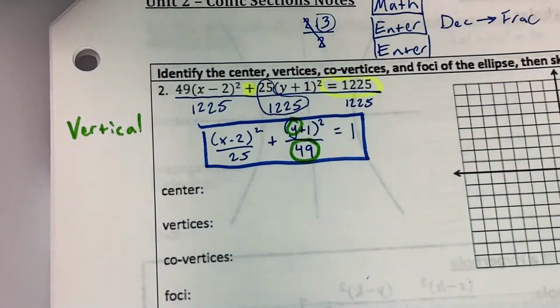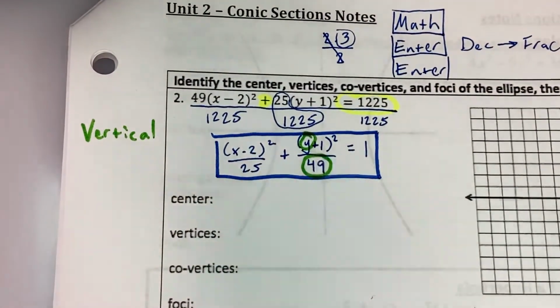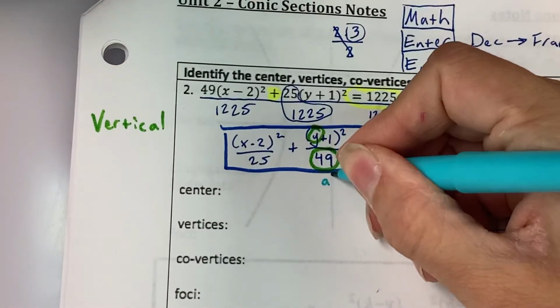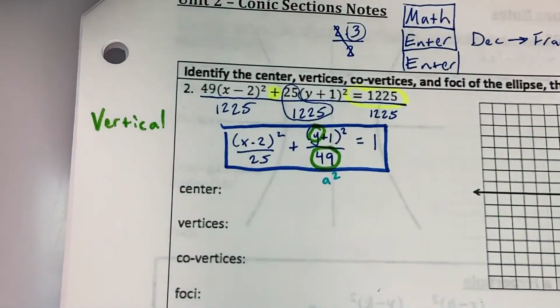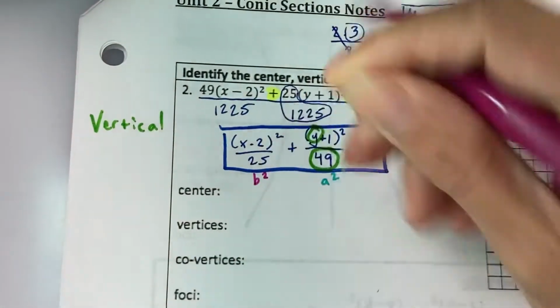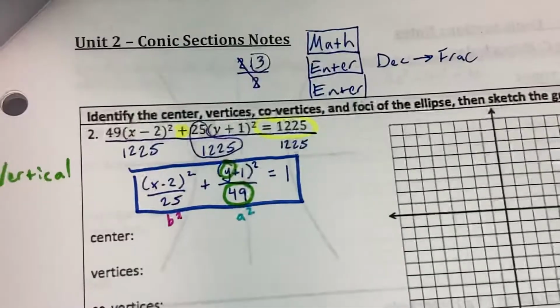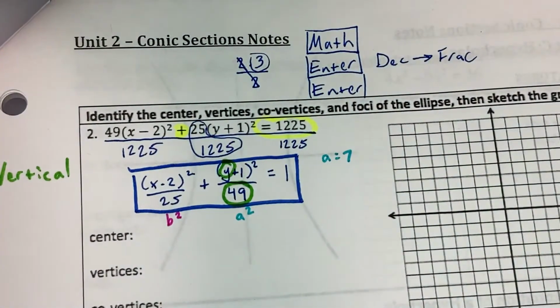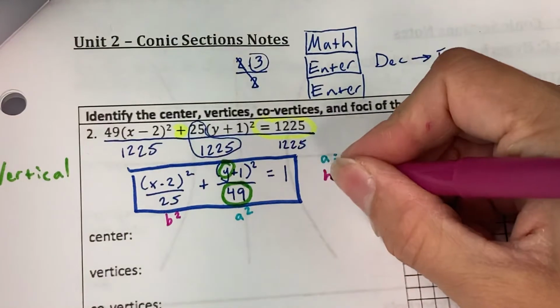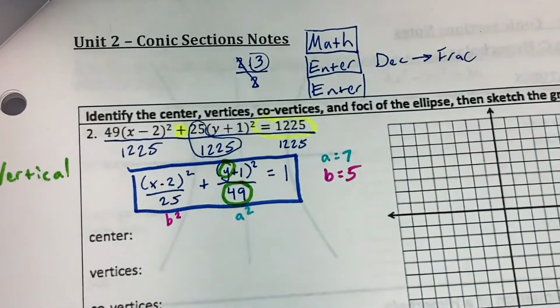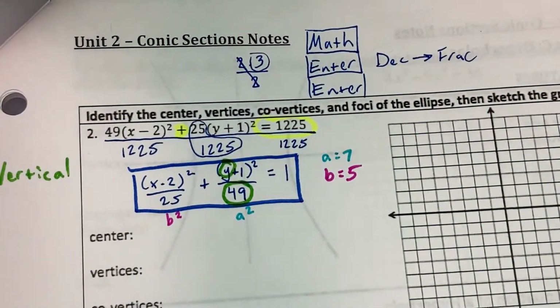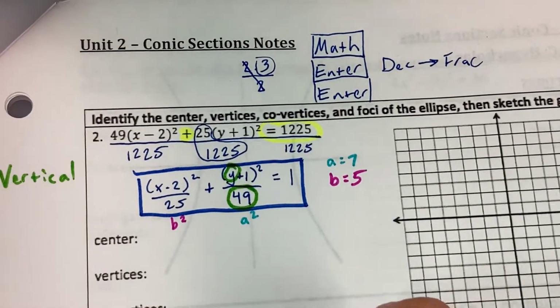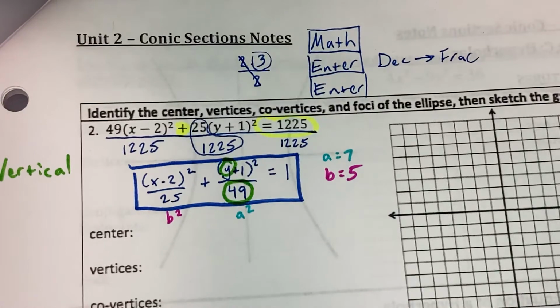It also tells me that 49 is a squared and that 25 is b squared, which in turn tells me that my a value is 7 and my b value is 5. So we can use these to find our foci and to find the coordinates of the co-vertices and the vertices.